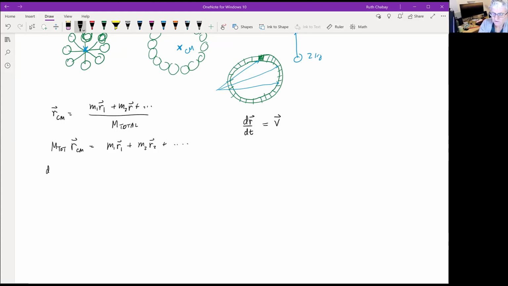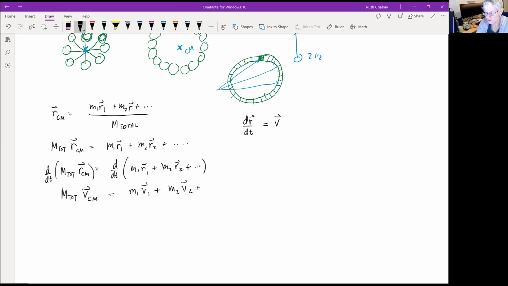So if we differentiate both of these sides with respect to time, what we get is that the total mass times the velocity of the center of mass is equal to m1 v1 plus m2 v2 plus, and this of course is just the momentum of particle 1, and this is the momentum of particle 2.